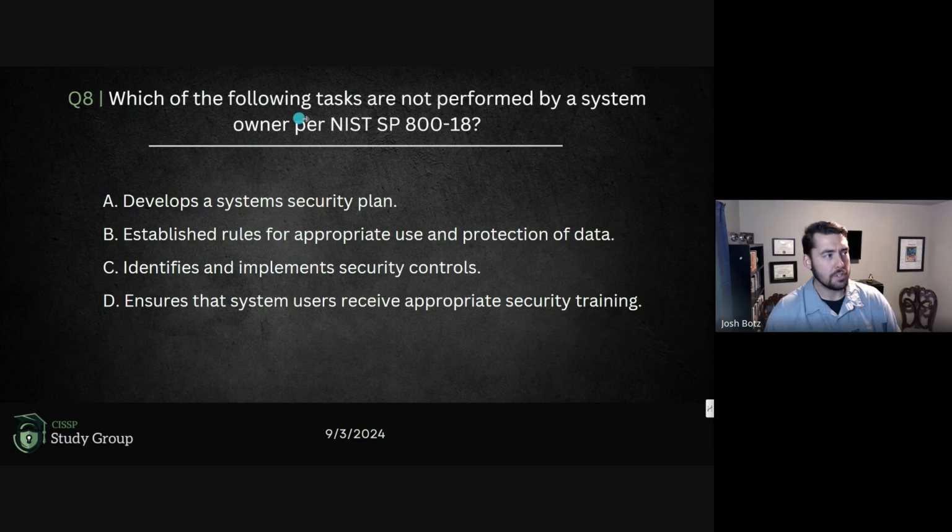Yeah. Which of the following tasks are not performed by a system owner? Very key. You actually don't need to know anything about this NIST special publication. If I cross this off, you should be able to go down here and see that it's not. One of these things is not like the other. Data. The data owner is the one that's going to establish rules for appropriate use and protection of data.